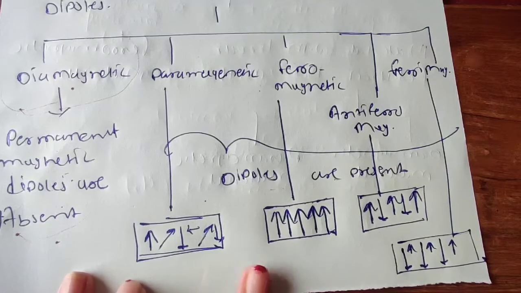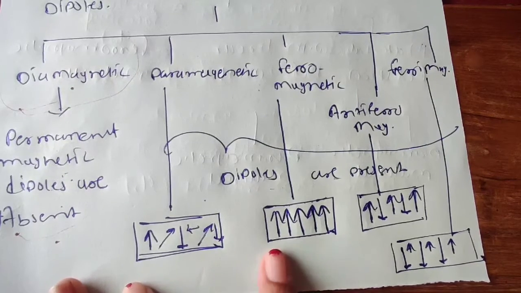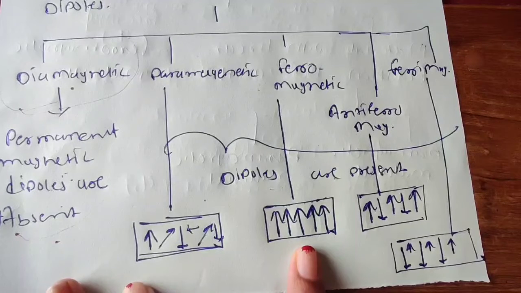If you consider a ferromagnetic material, the dipole moments line up parallel to each other, then the material is known as ferromagnetic material.